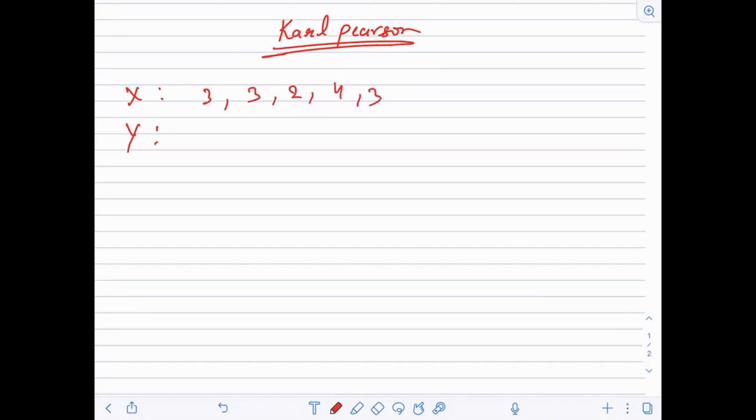My y variable is 1, 2, 1, 3, 2. I need to know, does it have any correlation? Do x and y make any kind of sense or not? Or are they just hypothetical figures which will not help us to predict?